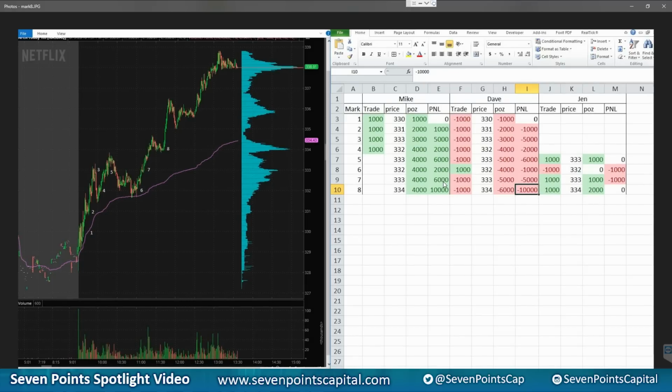Let's go to 8. Stock breaks out, and you can see on the chart it breaks out, and Jen says, you know what, this is acting well. My breakout is working. I want to buy some more. And she buys another 1,000 shares at 334. Now she has 2,000 shares, right? And she buys that 1,000 shares from Dave again, and Dave's now short 6,000 shares. He's building up his position as it's going up. You could tell that he's getting very uncomfortable here, right? It's going against him.